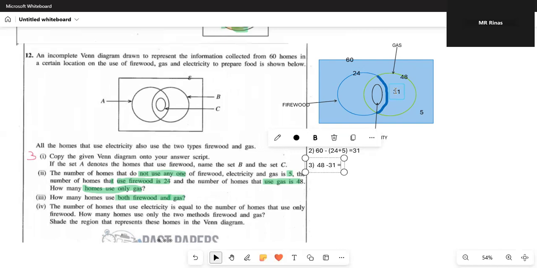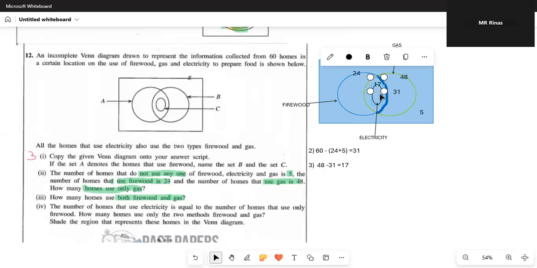So the number who use both, you have to subtract, is 17. So 17 people, they use both, right? Common to the two, both part, right? So we'll keep it like this. Okay. So 17 homes use the firewood and gas.